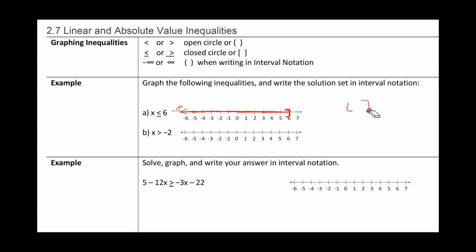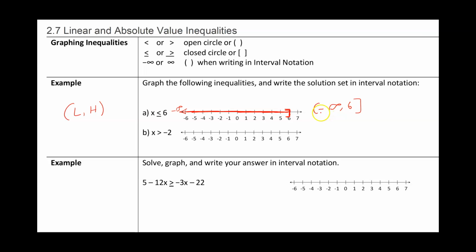In interval notation, we will take this graph and we will write it using a parentheses and a bracket. So in interval notation, we have our lowest value and our highest value in that order. The lowest value of our solution set is negative infinity, and the highest value is positive 6.